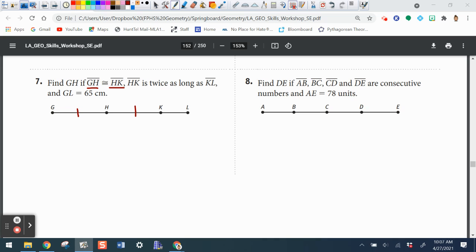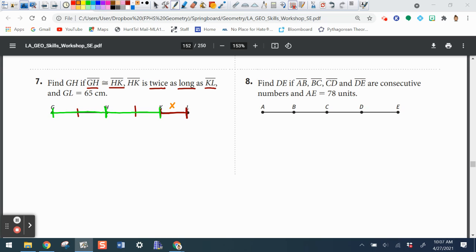They also tell us that HK is twice as long, or 2 times the length, as KL. So whatever KL is, whatever length this is, the distance from H to K has to be 2 times that length. Therefore, GH also has to be 2 times the length of KL as well. So if we don't know a measure, a lot of times we can replace it with x. So I'm going to call KL, that distance, x.